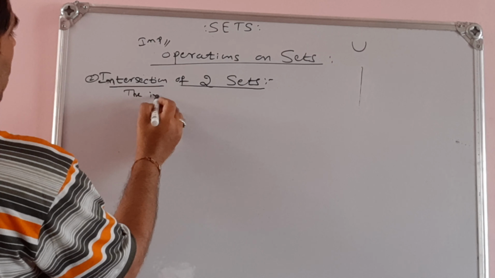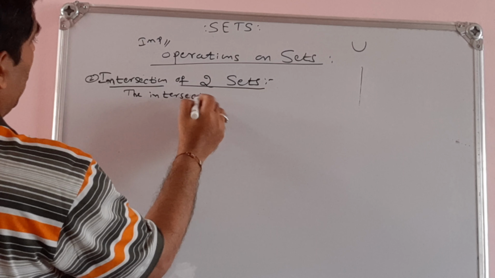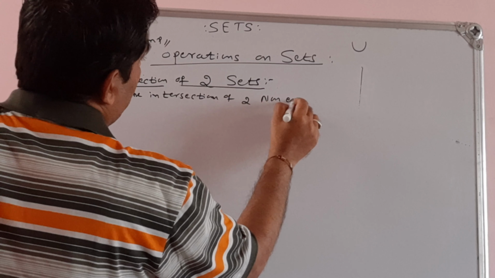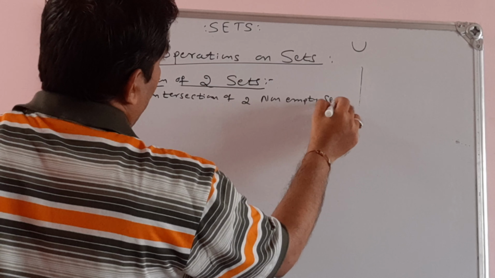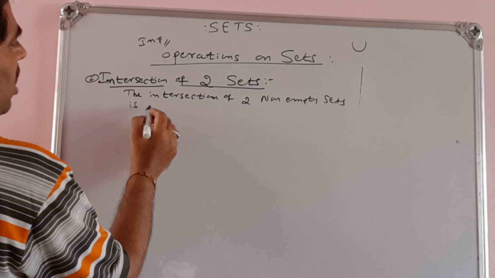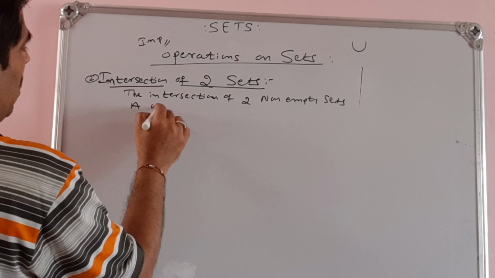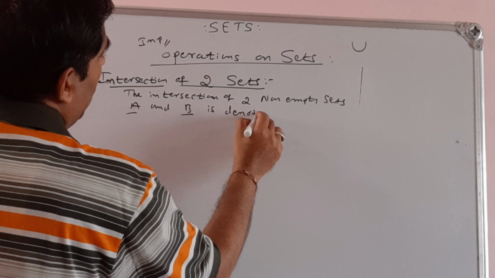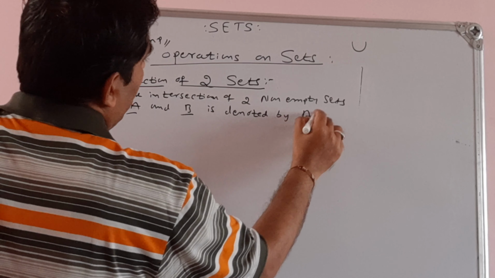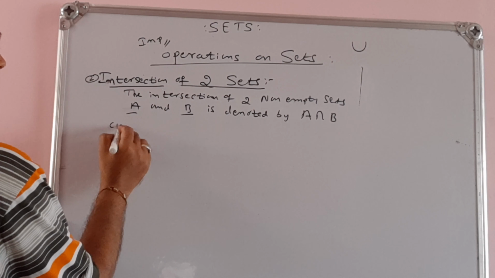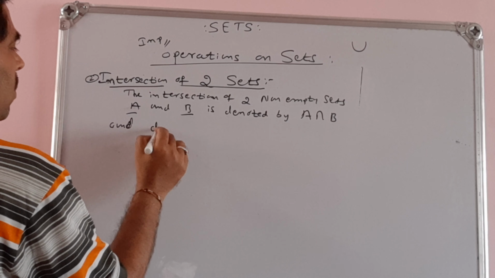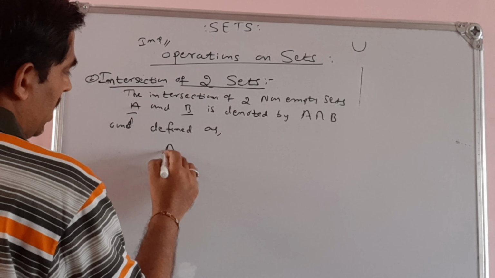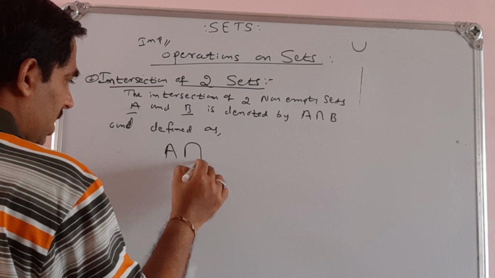The intersection of two non-empty sets, let me say A and B, is denoted by A intersection B and defined as, see, intersection is this one.